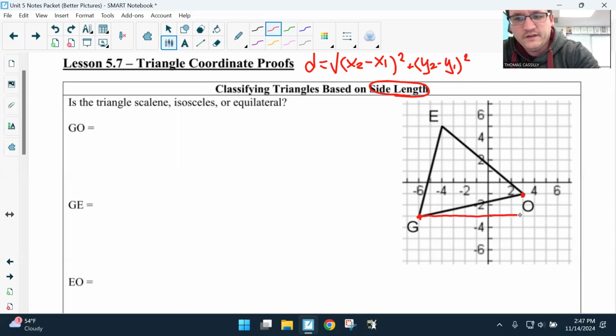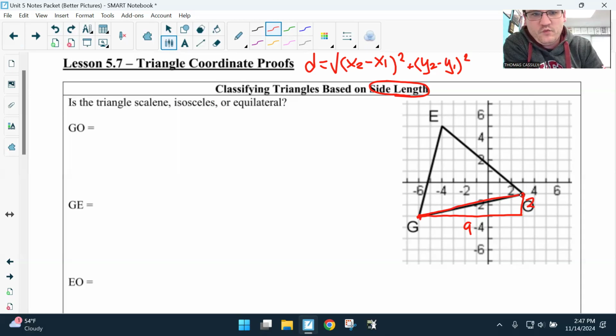That's really easy to do. All we had to do was count those spaces. I think that's 9. It is 9. And then I have to go up 2 spaces. So the hypotenuse of this triangle is the length of GO.